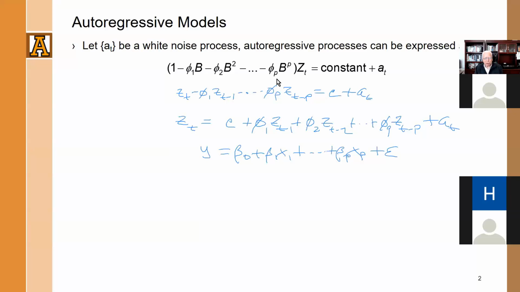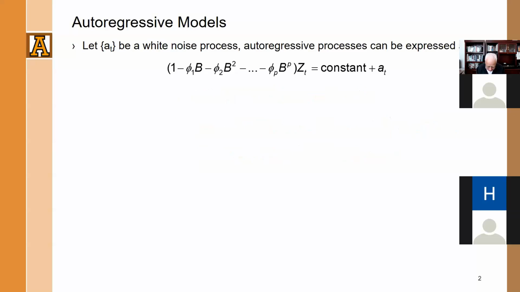So that's why this model is called an autoregressive model, because we're essentially regressing Z sub t onto itself. We're expressing Z_t as a combination of the same variable in the past, up to p periods back, plus random noise. We're regressing the observed time series on itself in the past.